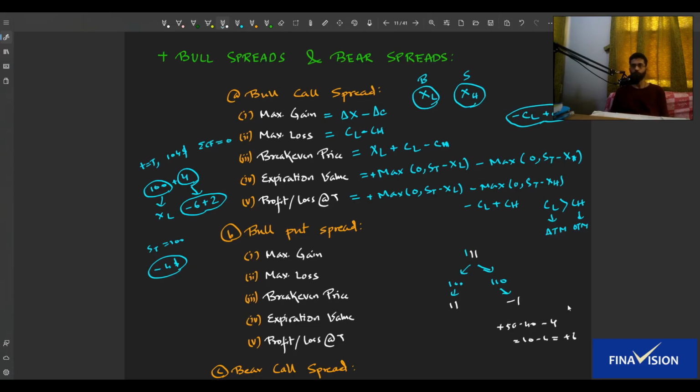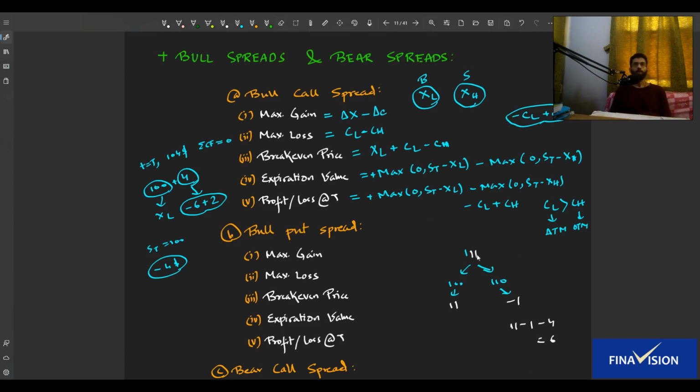Because this is the one you sold. Therefore, the net cash flow is 11 minus 1 minus 4. This is equal to 6. So it remains the same no matter what is the price once it goes above the strike price, right?